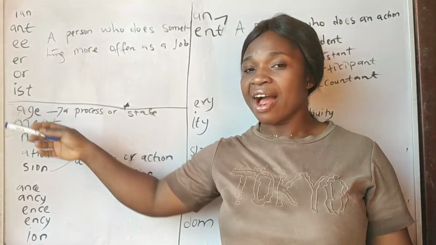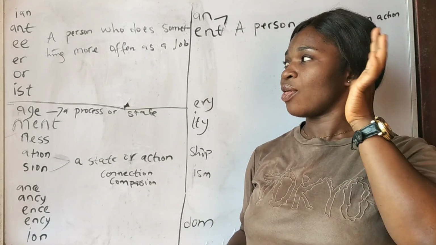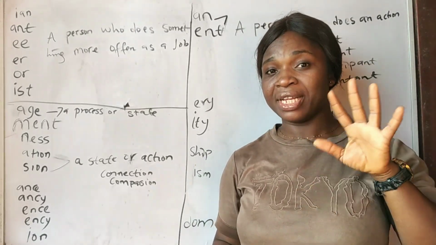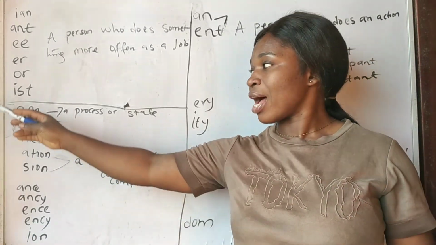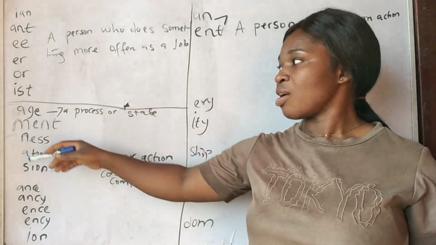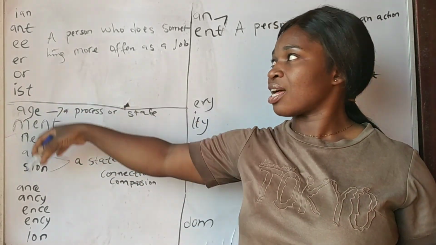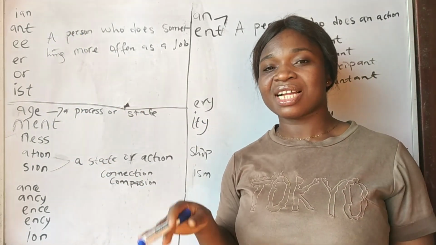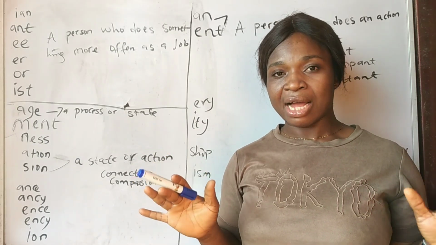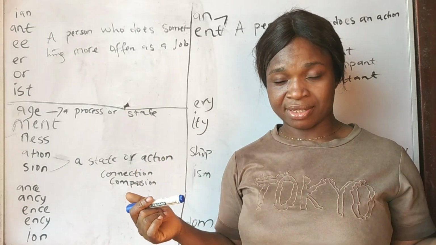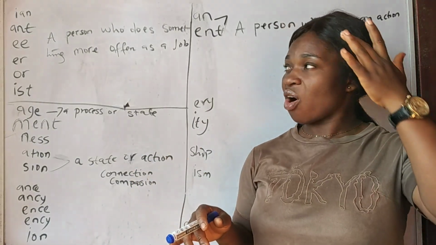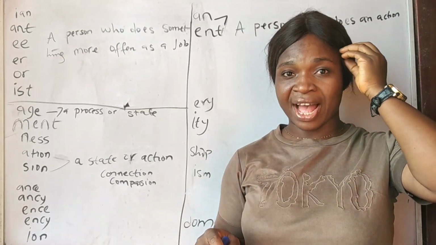We've done the ER and the OR and we saw how the verb transforms into a noun, okay? And that is why I split this, because most of the time these suffixes are the ones that usually create nouns pertaining to persons. They are the suffixes that always depict or specify a person.